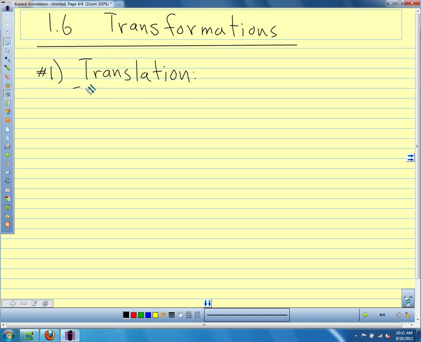So our first activity was called a translation. When we do a translation, every point moves the same distance in a straight line.